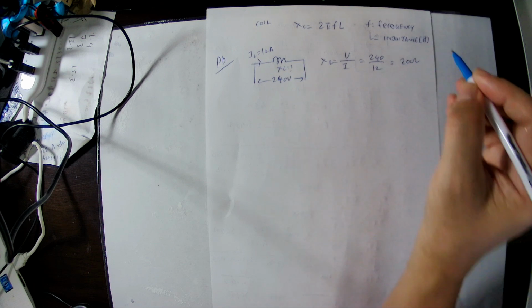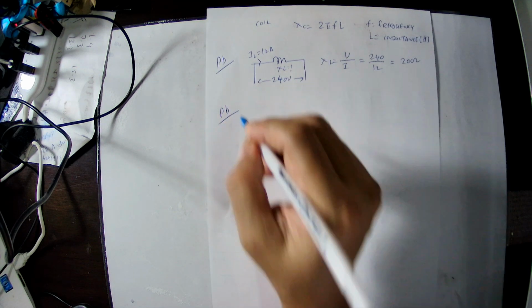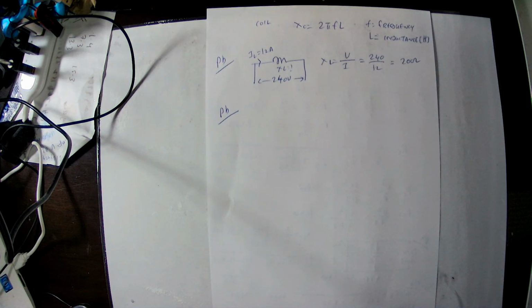The next problem. A coil of negligible resistance has an inductance of 0.05 Henry. We have to find the inductive reactance at the 50 hertz supply, at the 33 hertz supply, and at the 1 kilohertz supply.